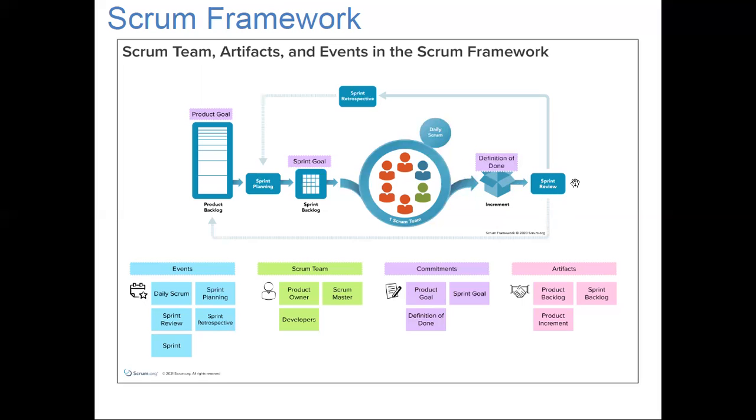We will see in detail about the sprint review meeting, but in it we will inspect and adapt the product increment. Then after that, we will have a retrospective meeting in which we will discuss the definition of done, the challenges we faced, what things went well, and we can discuss many things in the retrospective meeting.